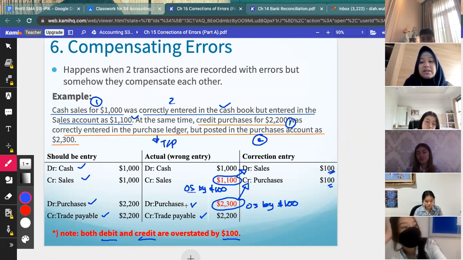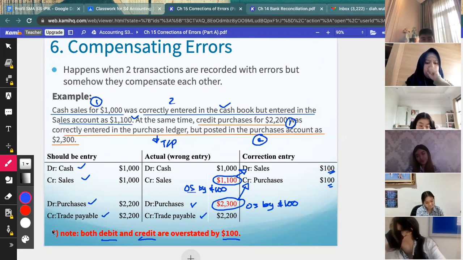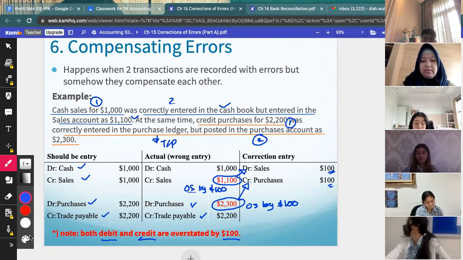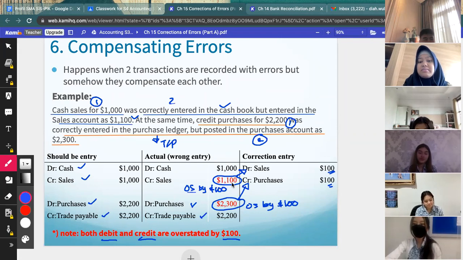So how to make corrections on that? Look at number 1. Who is the one that is overstated? The sales. So we should deduct the sales by 100.